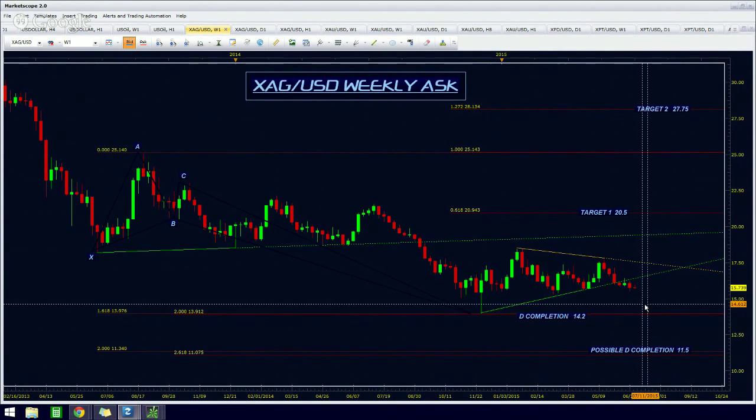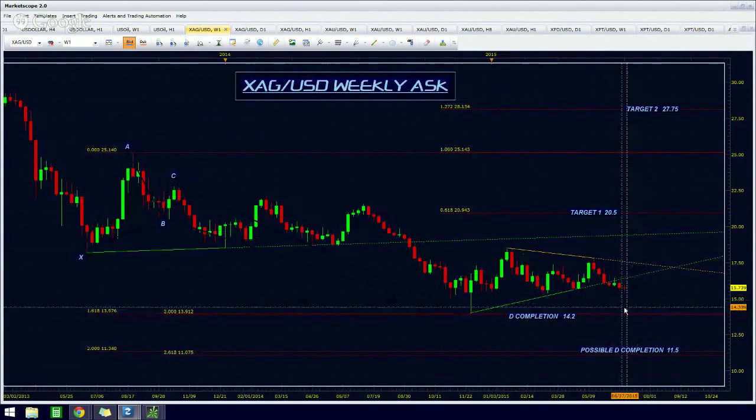So what should you think with all these different scenarios and all these different patterns? We have a bearish pattern on the daily that could go ahead and hit our target 2 of 14.8, but we also have a very large bullish butterfly pattern on our weekly. Essentially, guys, just trade what you see.